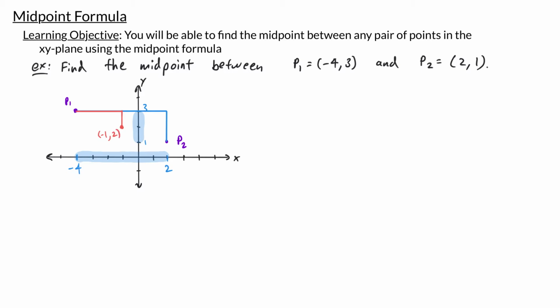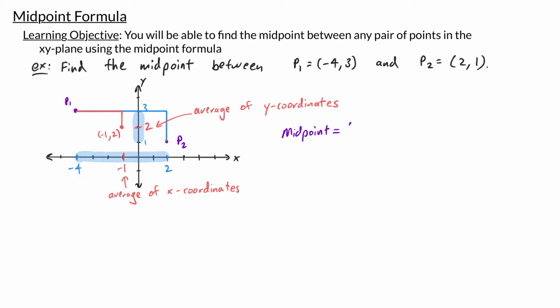What you might notice is that -1 here is halfway between our two x-coordinates, and 2 here is halfway between our two y-coordinates. Another way to phrase this is that the x-coordinate of the midpoint is the average of the two x-coordinates, and the y-coordinate of the midpoint is the average of the two y-coordinates. Let's try to verify this computationally. We said that the x-coordinate of the midpoint is the average of the x-coordinates.